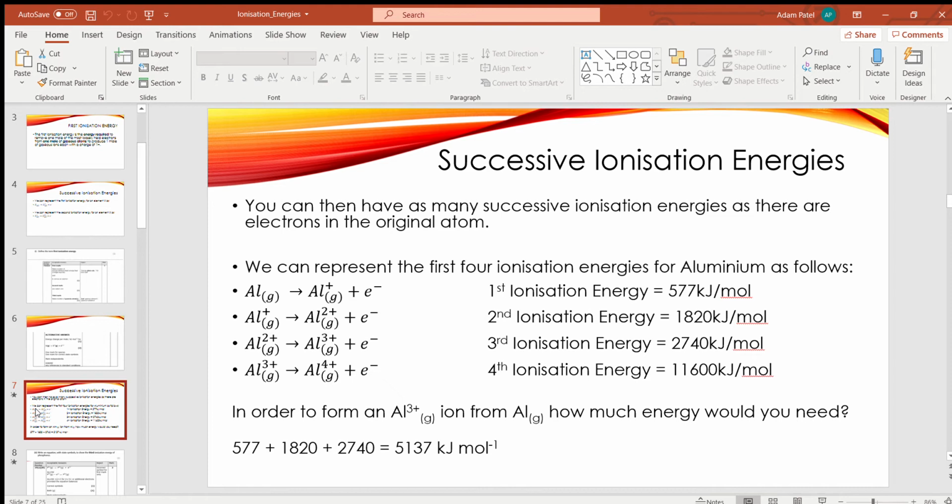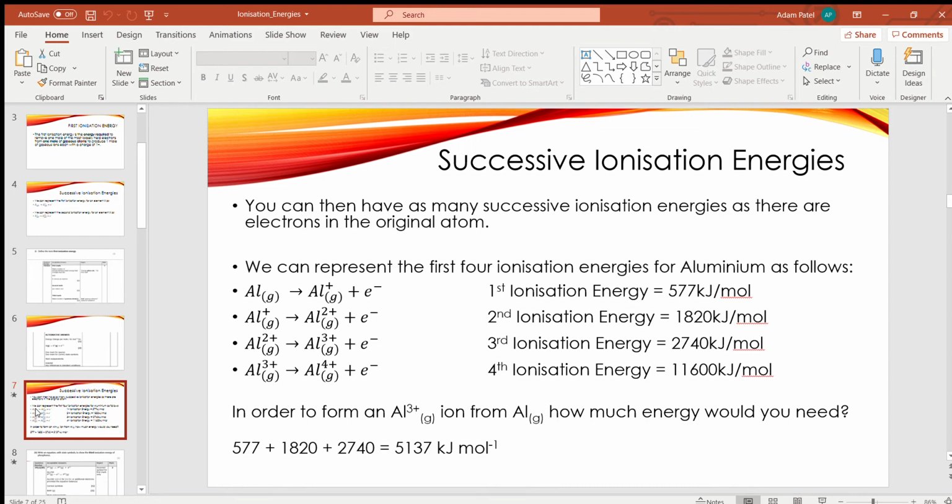So Al goes to Al plus e minus, Al plus goes to Al2 plus e minus for the second ionization energy. Al2 plus goes to Al3 plus e minus for third ionization energy, and Al3 plus goes to Al4 plus e minus for fourth ionization energy. So as you can see, it's like a series of steps to get to Al4 plus.